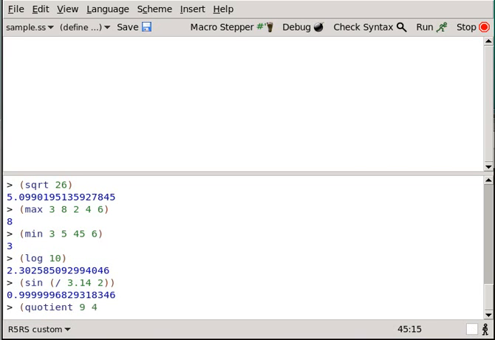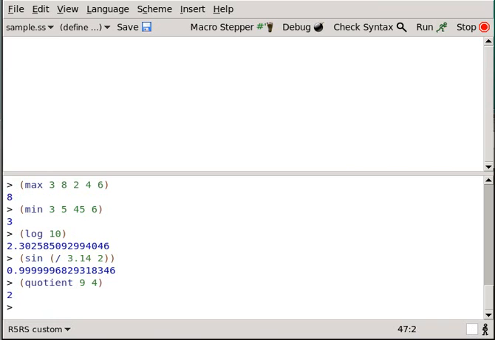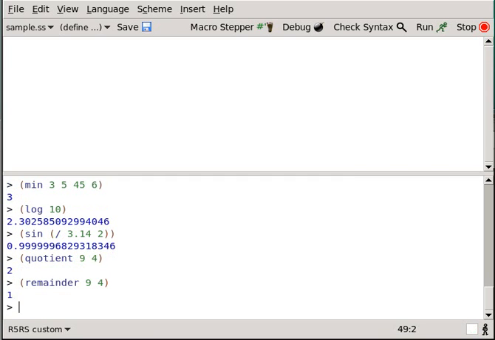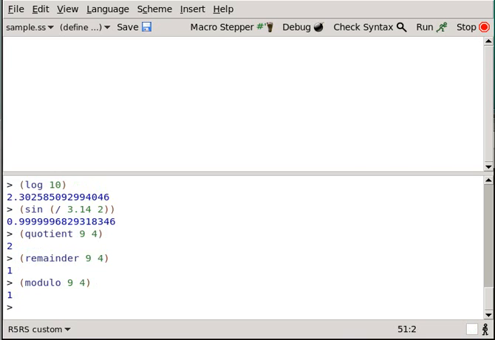Quotient 9, 4. That's like a divide minus the remainder, and then you get the remainder like this, 9 and 4. And then modulo 9 and 4 also does that, but let's see with negatives, modulo -2 and 12.